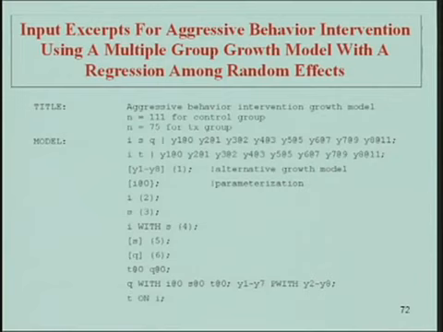Now here we go from our standard parameterization 1 to our alternative parameterization 2 by fixing the growth factor mean to 0 and instead holding the intercepts of the outcomes equal across time. It's equivalent in terms of model fit to parameterization 1, but it is often easier to have the growth factor mean 0 in terms of interpretation.